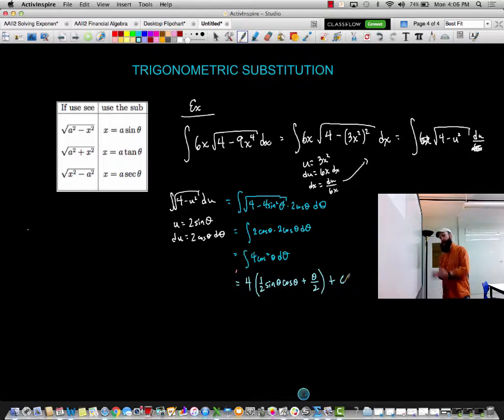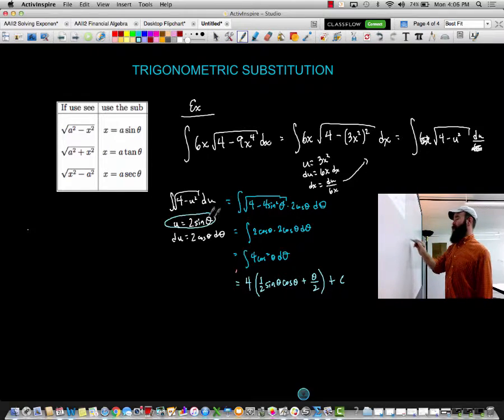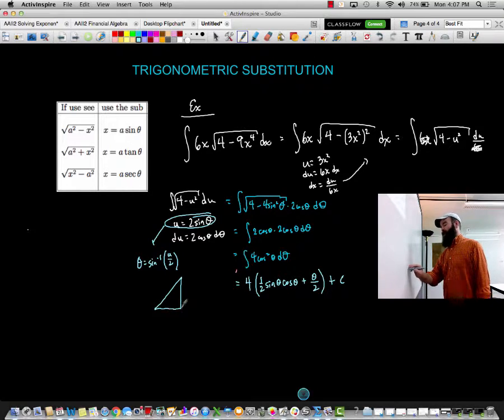So now I need to get those thetas in terms of u's, and then those u's back in terms of x. So in order to do that, I'm going to come here, and this would tell me that theta is the inverse sine of u over 2. So I'm going to draw a triangle that represents theta. It's u over 2 and its inverse sine, so the opposite over hypotenuse is u over 2, which allows me to calculate this side, which would be the square root of 4 minus u squared.